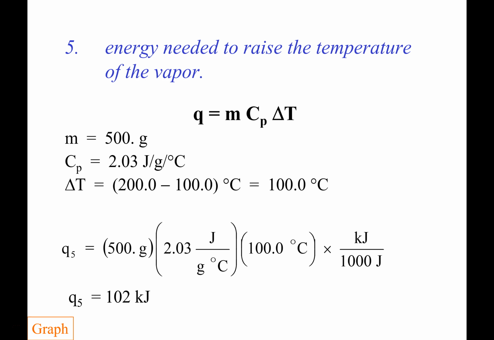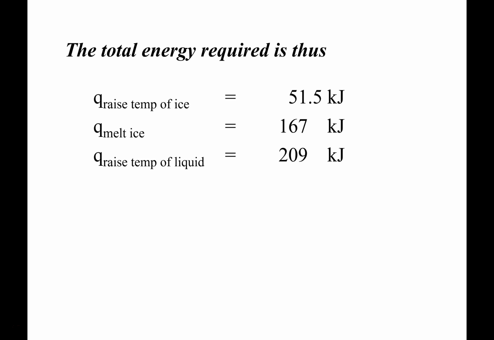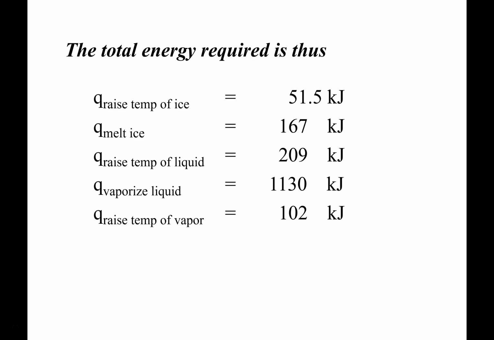So then all we got to do is add Q1 plus Q2 plus Q3 plus Q4 plus Q5. So Q1 was 51.5 kilojoules, Q2 167 kilojoules, Q3 209 kilojoules, Q4 was the highest, 1,130 kilojoules, and then Q5 is 102 kilojoules. So since we're adding, we round according to fewest decimals, or in this case, tens places.